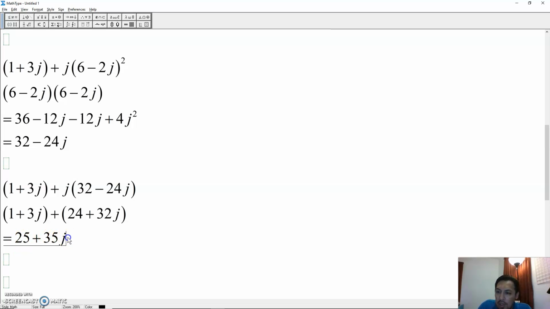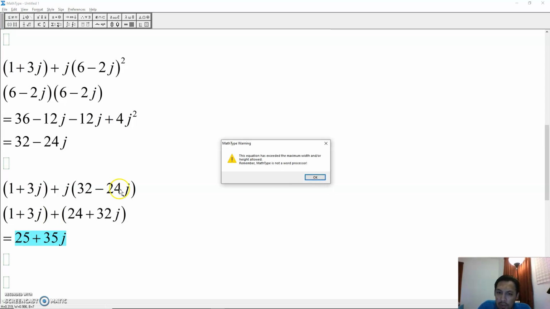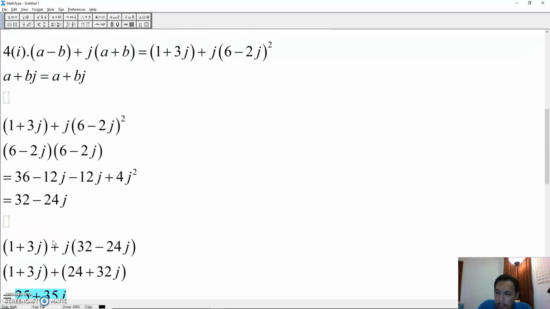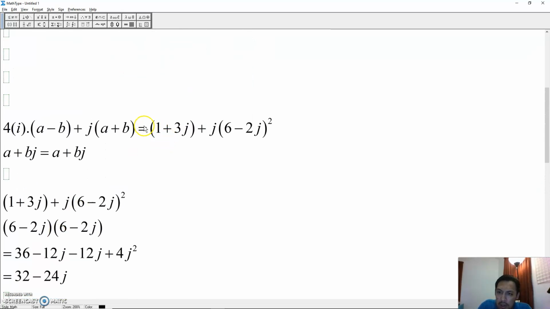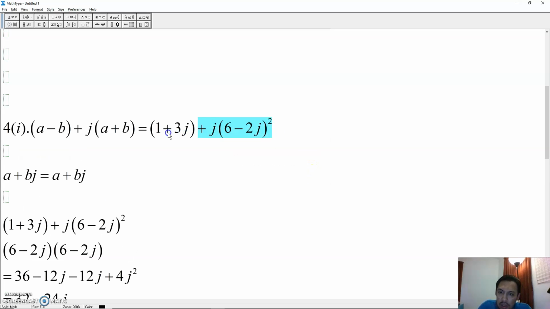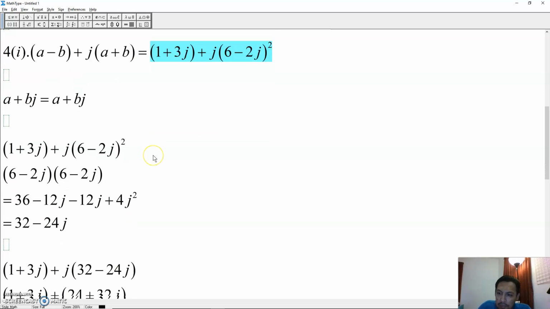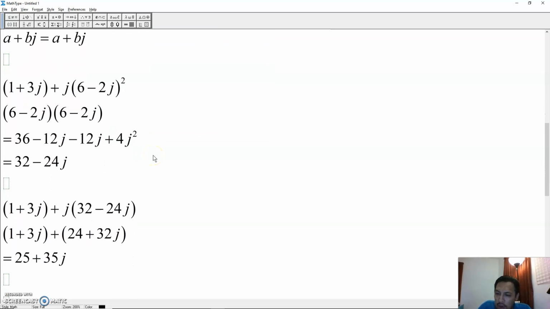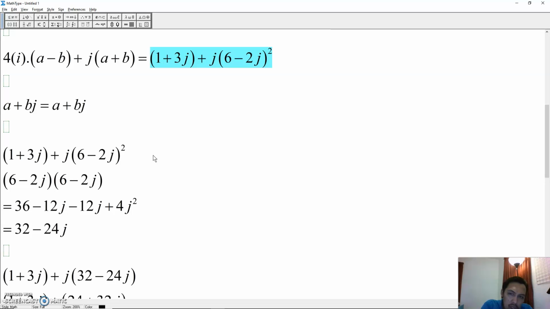Now let's try to solve the equation. Let's substitute this. So it is 25 plus 35j.